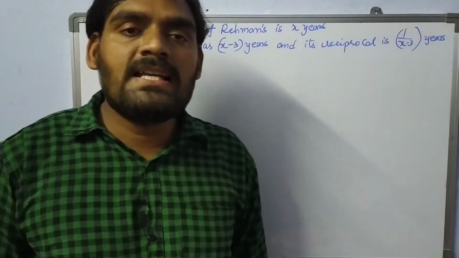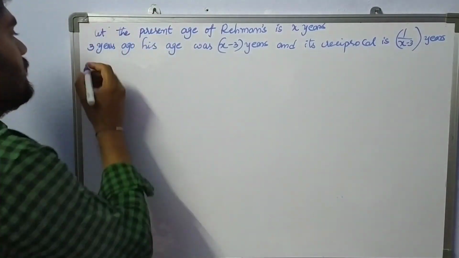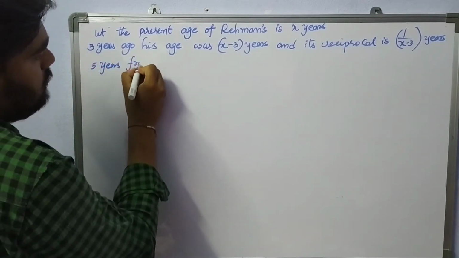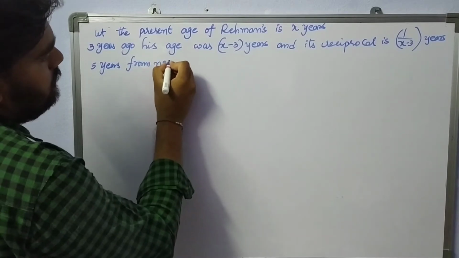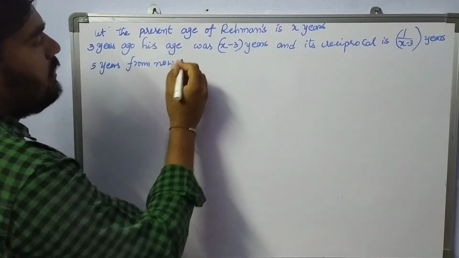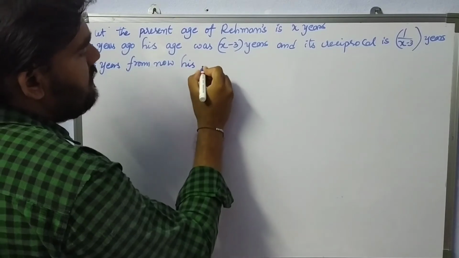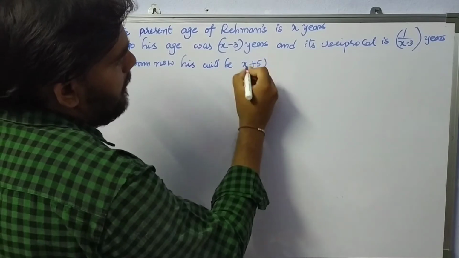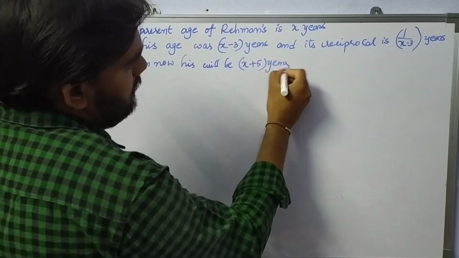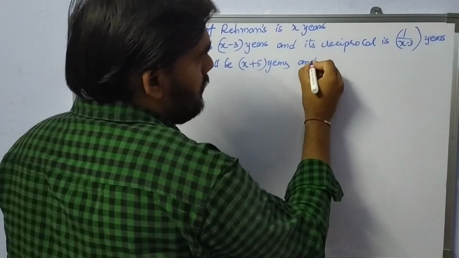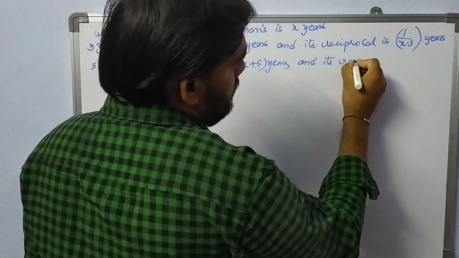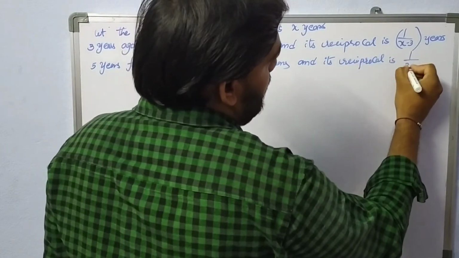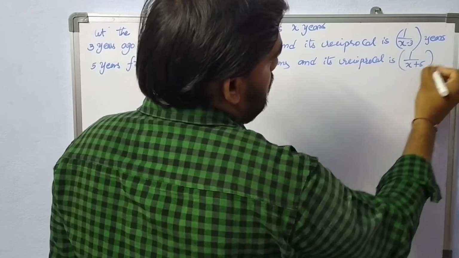5 years from now, his age will be x plus 5 years, and its reciprocal is 1 by x plus 5.